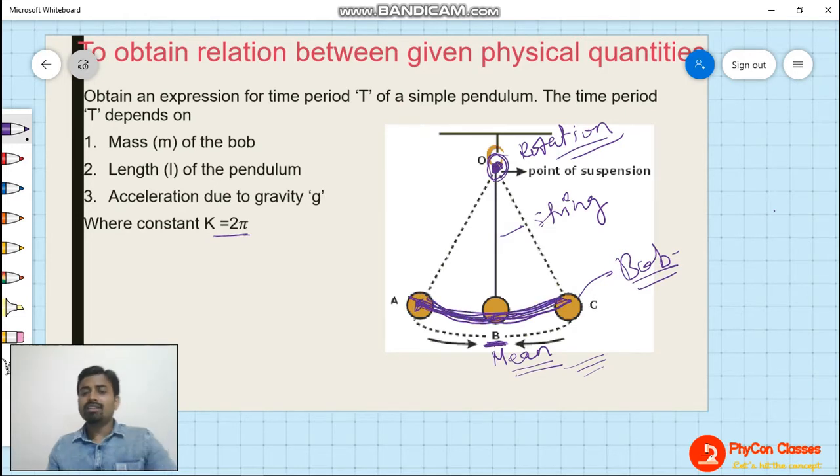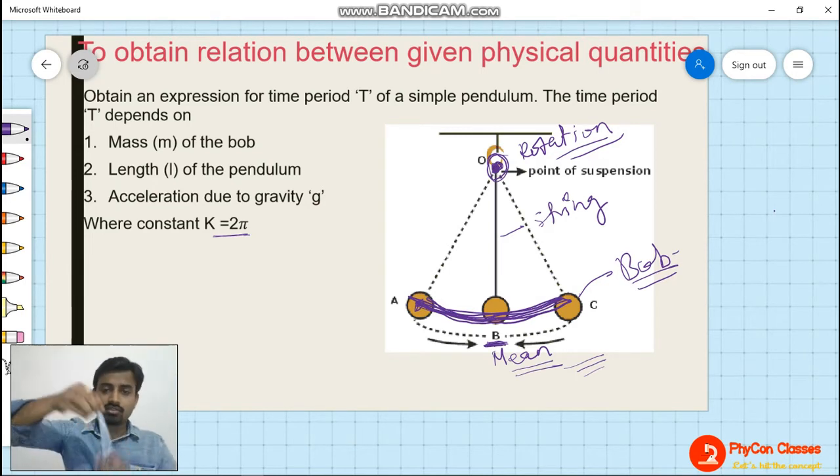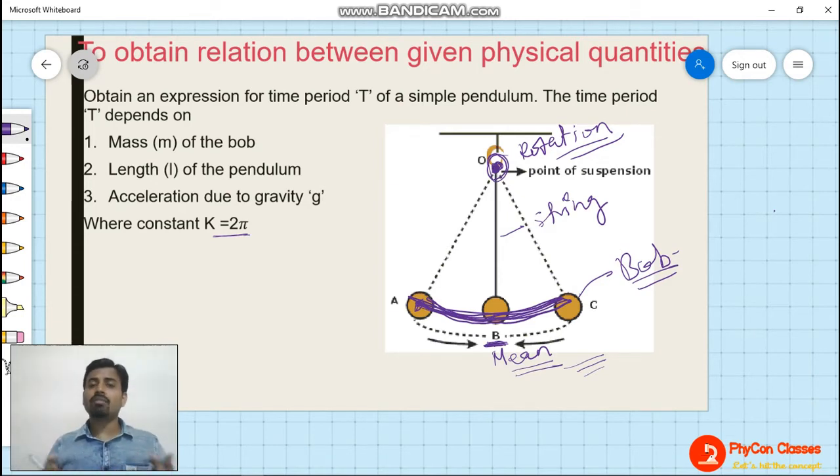Right. Now, when the swinging motion continues, there is a fixed time period of oscillation. So this motion is called oscillation. These things we will discuss in far more detail when we study SHM, simple harmonic motion.